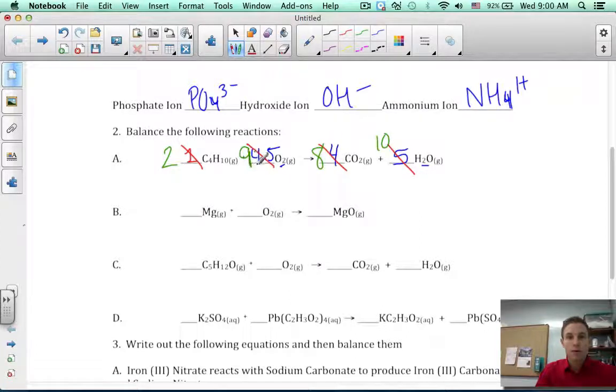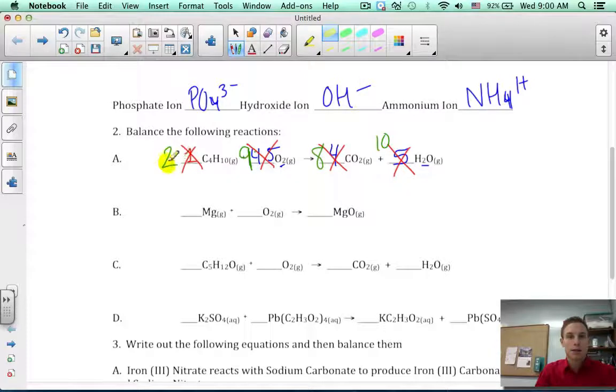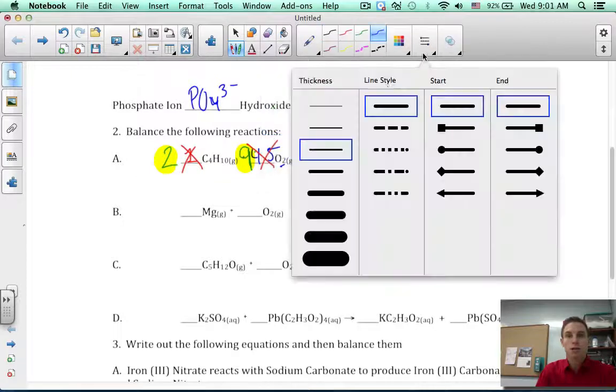Those are your new coefficients. These other ones get canceled out. I'll just put 2 lines through those so you can see that they are canceled out. And you can even highlight these to make sure you know that those are the real coefficients for that balanced reaction. Alright, let's keep on going.